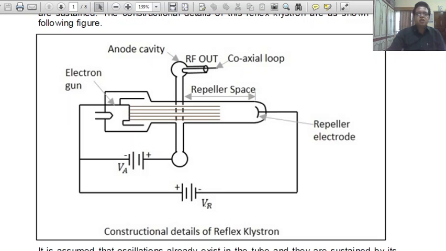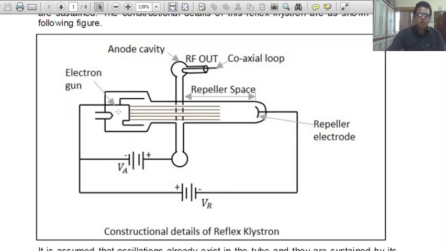So these are the constructional details of the reflex klystron. There is the RF output. Coaxial looping is necessary for the cavities. From the anode cavity to the repeller, this space is known as the repeller space, and these straight lines show the electron beam.